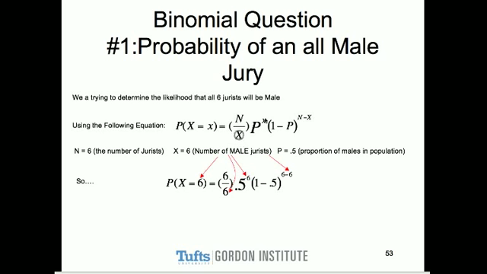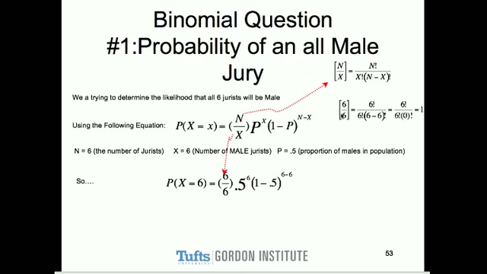Also, we have x here, and x here. So we have 6, 6, and 6. And we put in the probability 0.5. They're right here, and we put them right in there. But we need to calculate this first. And that's the equation there.